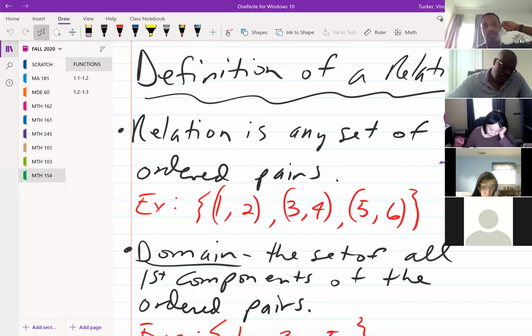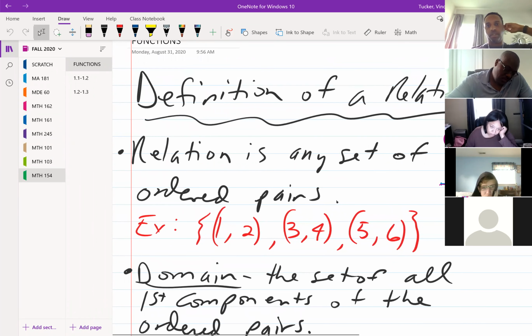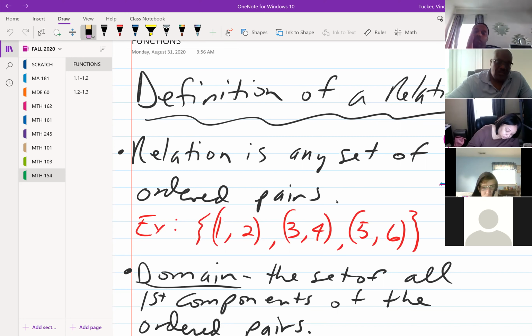First thing we're going to start off with is the definition of a relation. A relation is any set of ordered pairs, so (1, 2), (3, 4), (5, 6) is an example of a relation.